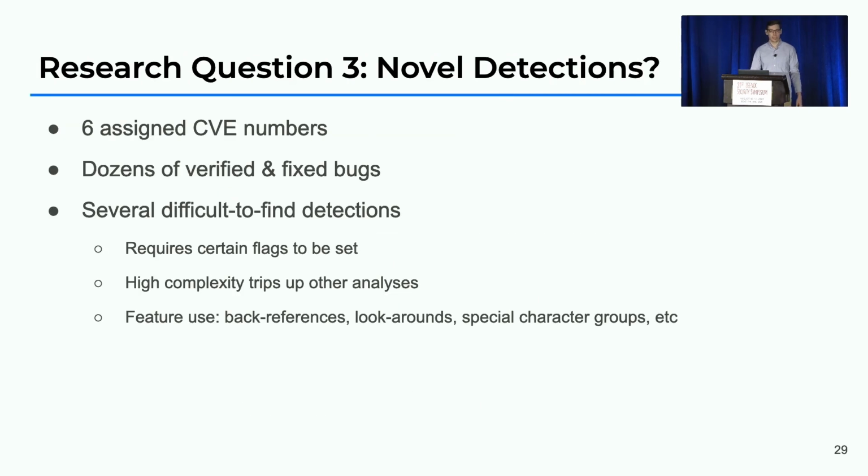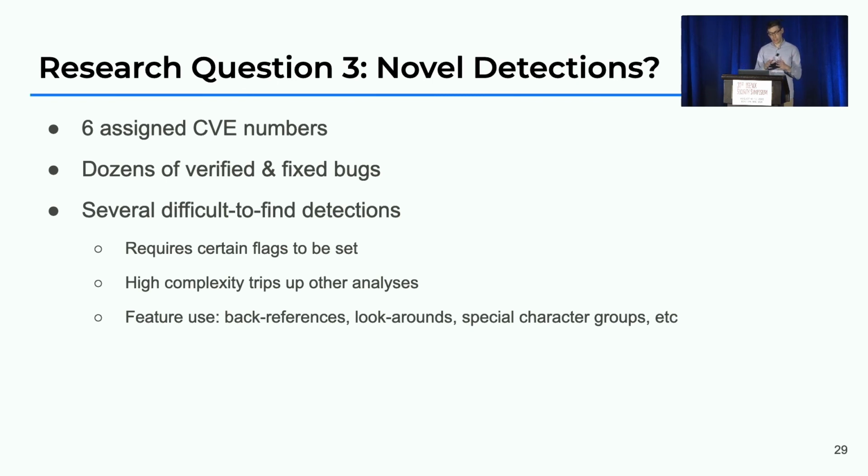We also find several novel detections, so we were assigned 6 CVE numbers when reporting vulnerabilities in this investigation. We verified and fixed dozens of bugs. And the positives that we found contain several difficult to find detections, including regular expressions vulnerable to ReDoS which require certain flags to be set in order for the vulnerability to present, which of course we support natively because we're just running on the bytecode.